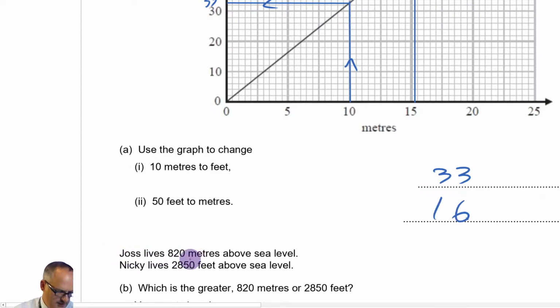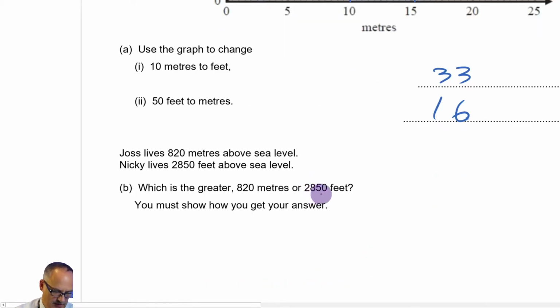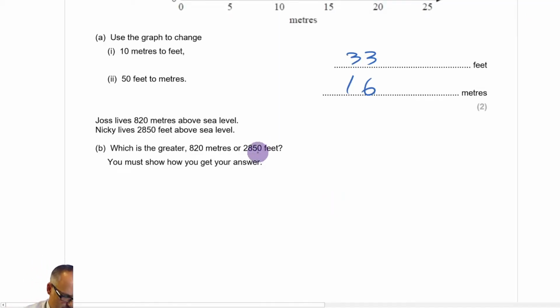Okay, Josh lives 820 meters above sea level, and Nikki lives 2,850 feet above sea level. Which is greater, 820 meters or 2,850 feet? Let's just zoom out there, give us some more space.